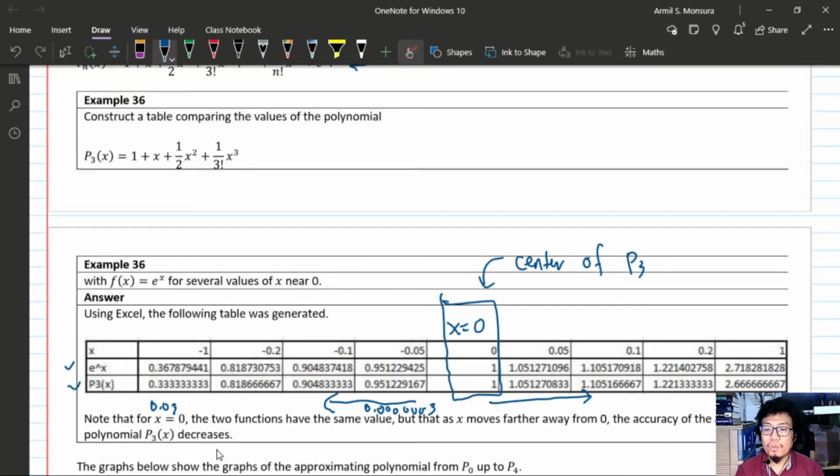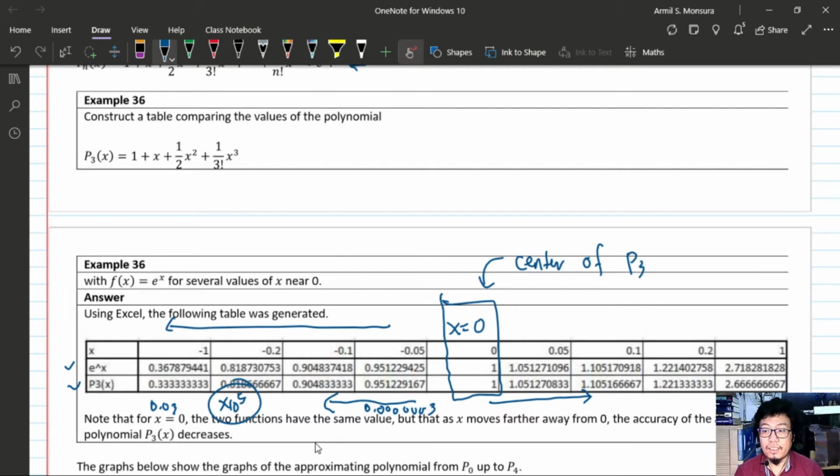So moving from here to here, your error has increased by how many orders? 1, 2, 3, 4, 5. So if you increase your distance from 0, or from 0 to 5, you have increased your order of error by times 10 raised to 5. That's 100,000.